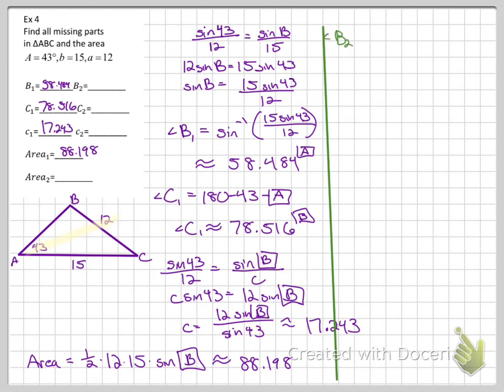So I need you to know it's not always C. You have to be able to swap these out or rotate them, however you want to think about it in your head. So B2 is going to equal 180 minus B1. Remember, that was button A. So B2 is going to equal 121.516.